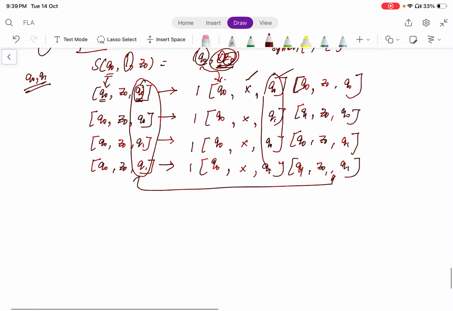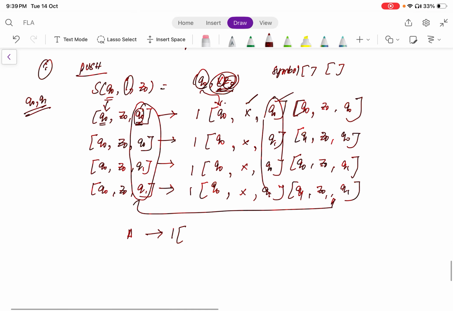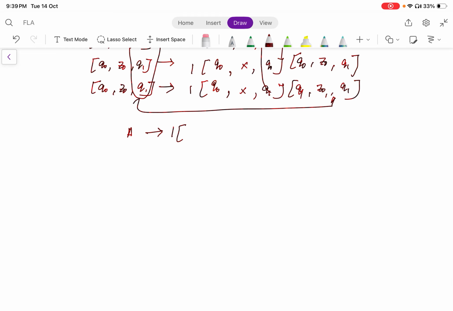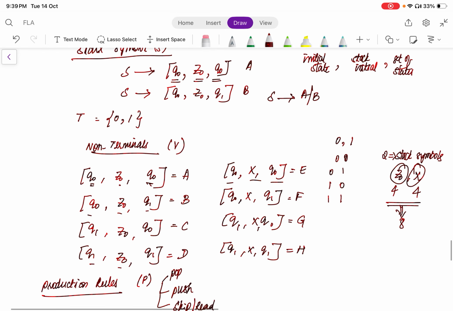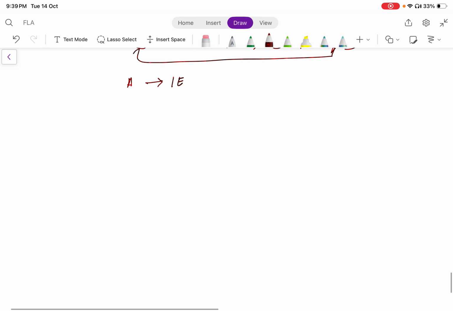A. So A tends to 1 into q0 X q0, q0 X q0, that is E. Then you have q0, Z0, q0, which is again A. So your A production is A tends to 1EA or 1FC.